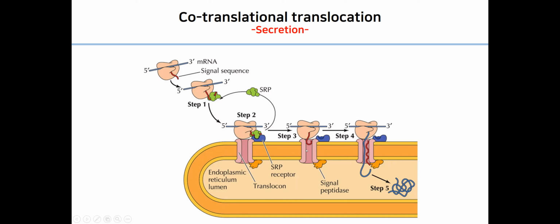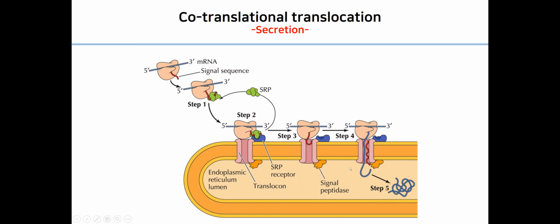Elongation of the polypeptide chain by the ribosome forces the growing polypeptide through this channel. After the polypeptide is translocated through the translocon, the signal sequence is cleaved by signal peptidase, and the nascent polypeptide is released into the lumen of the ER.